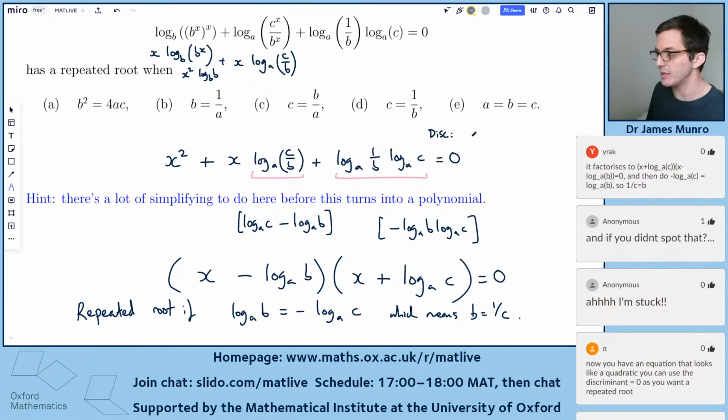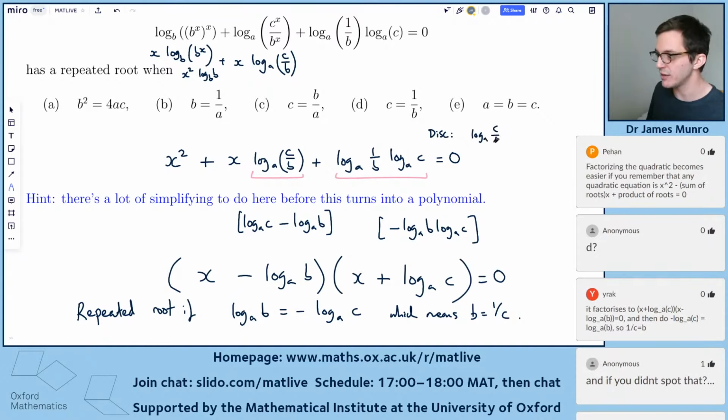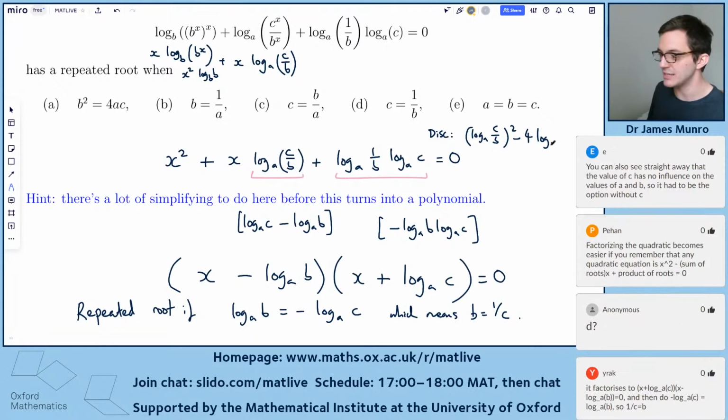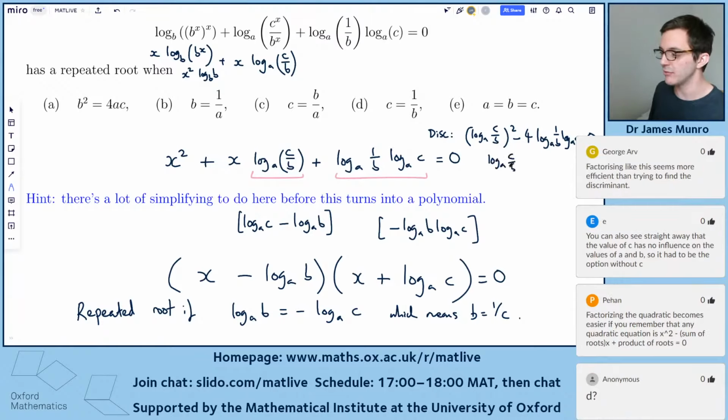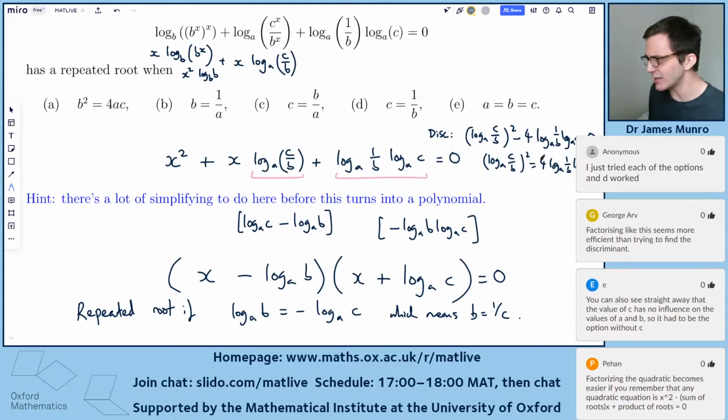So my discriminant is (log base A of C over B) squared minus 4 times log base A of 1 over B times log base A of C. Now this rearranges a little bit to be (log base A of C over B) squared is equal to 4 log base A of 1 over B log base A of C. From there, I'm going to multiply out my square.